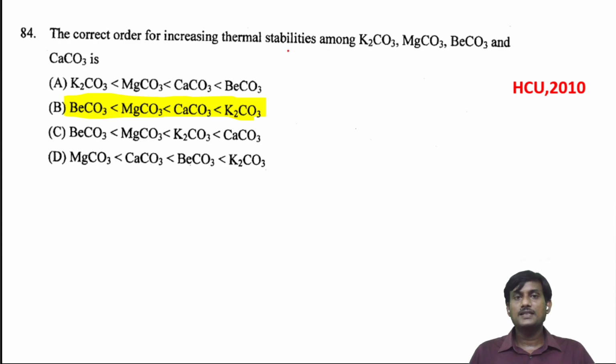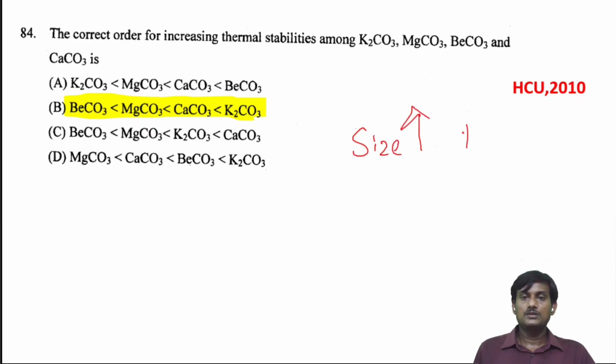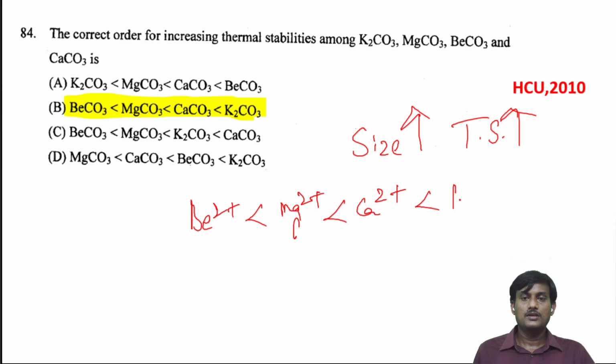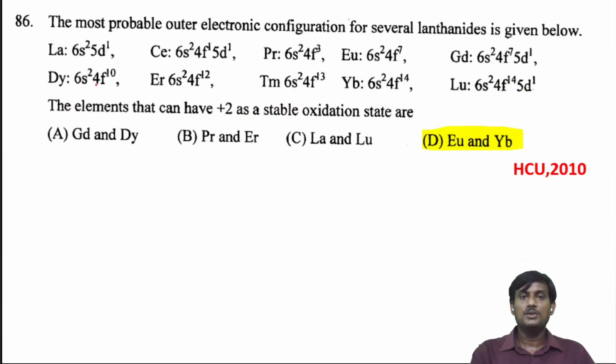The correct order for increasing thermal stabilities among K2CO3, MgCO3, BeCO3 and CaCO3 is, in alkali and alkaline earth metals, as the size of the cation increases, the thermal stability of carbonates increases. This is the order of size: Be2 plus, Mg2 plus, Ca2 plus, K plus. So the stability order will be K2CO3 is most stable and BeCO3 is least stable.